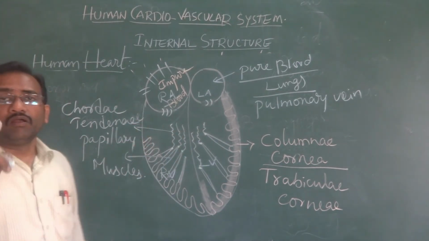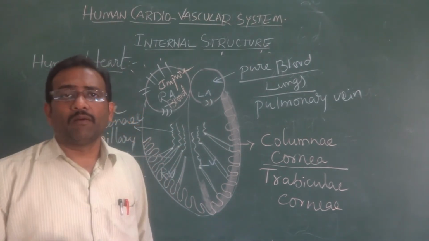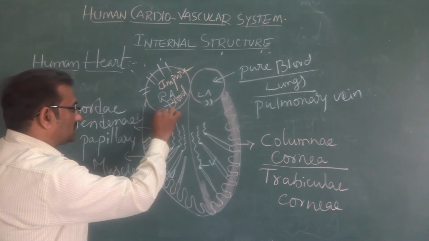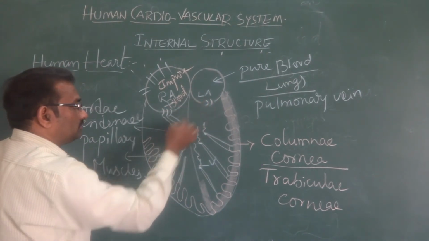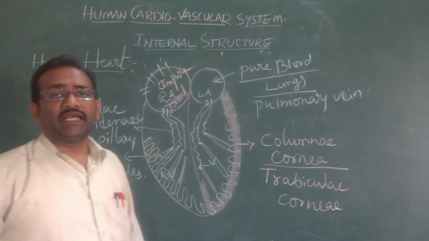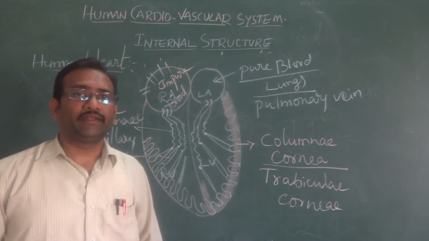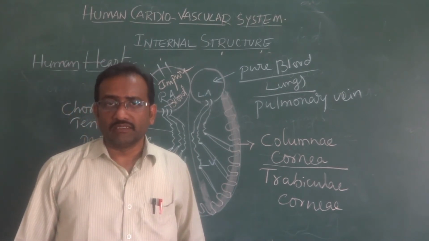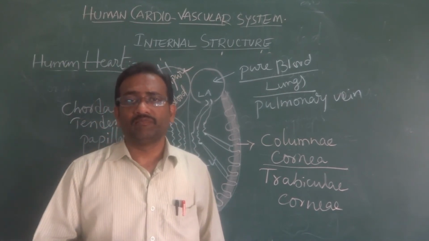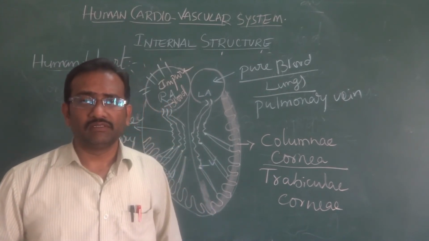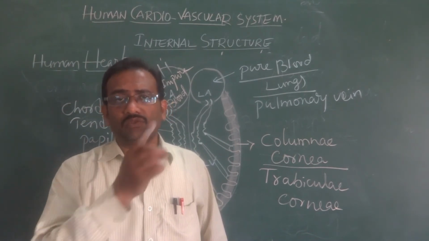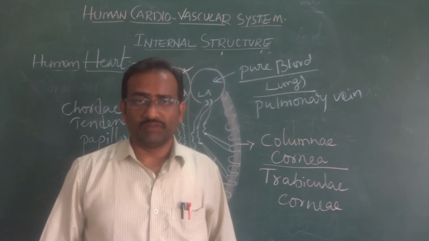Chordae tendineae are the cord-like collagenous processes that connect the papillary muscles to the tricuspid and bicuspid walls.